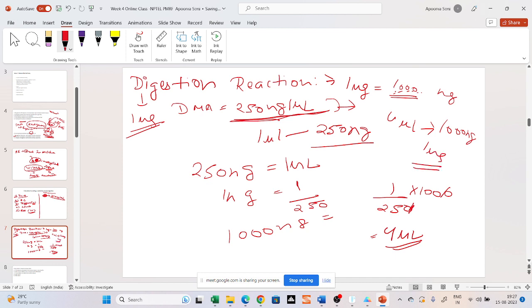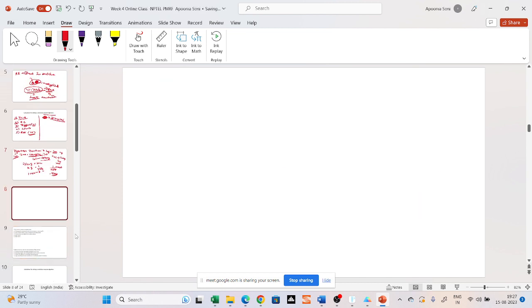Is it clear to everybody or not? Yes, ma'am. Okay, so first thing for setting a digestion reaction is that we need the insert or the vector also. Minimum amount should be 1 microgram, which equals 1000 nanograms.